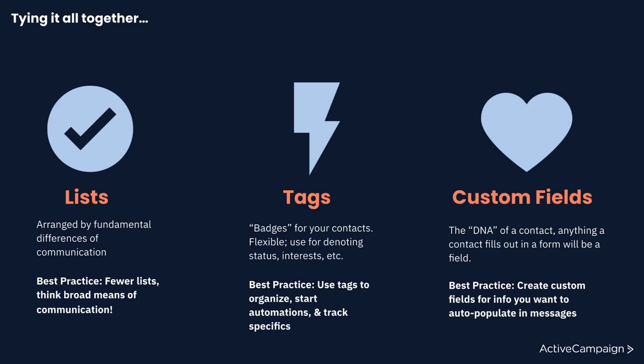Now that you understand these tools, let's talk about when to use each one. Use lists for major and broad audiences. Use tags for behaviors, interests, and stages in your customer journey. And use custom fields for storing specific data points to power personalization. Here's a practical example. A contact might be on your newsletter subscribers list.